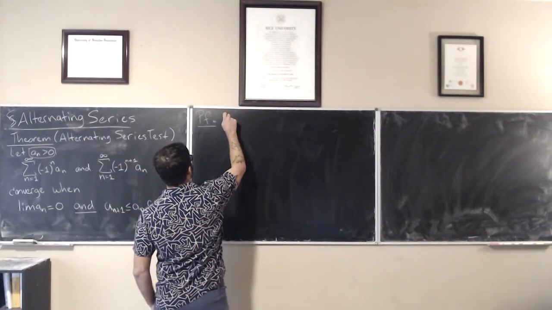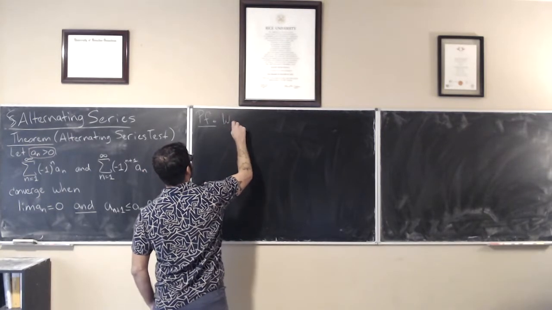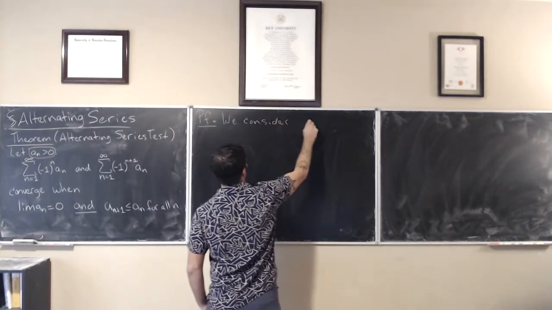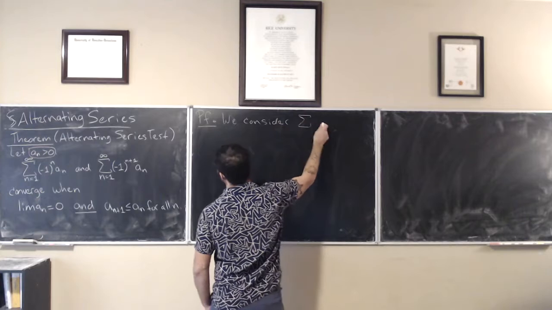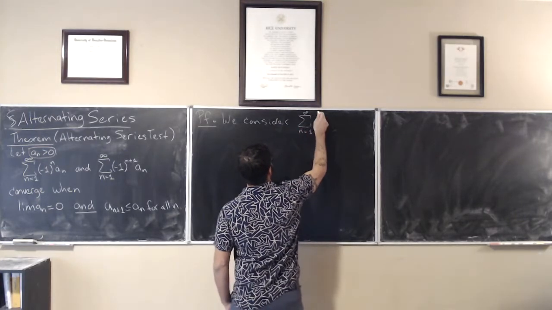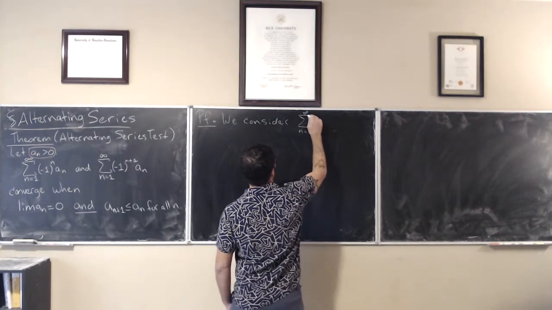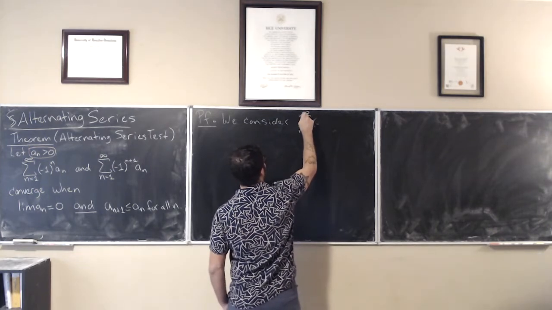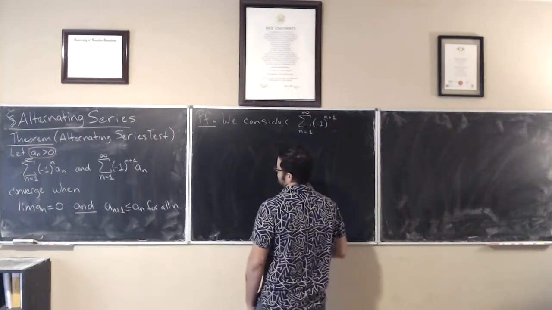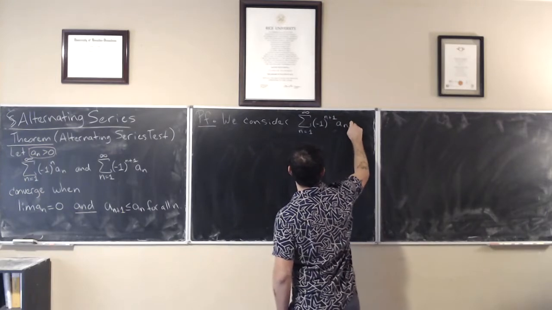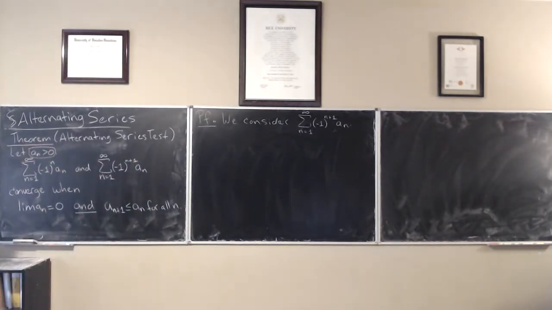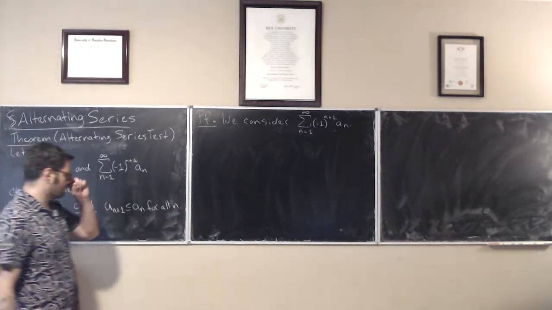Maybe we consider the series sum from n equals 1 to infinity of (-1)^(n+1) a_n.